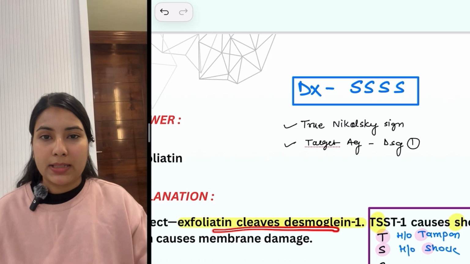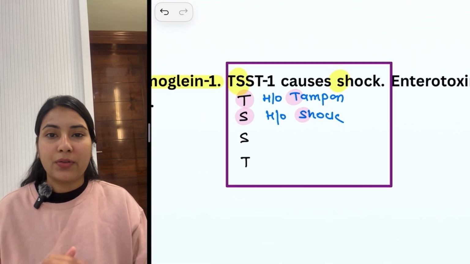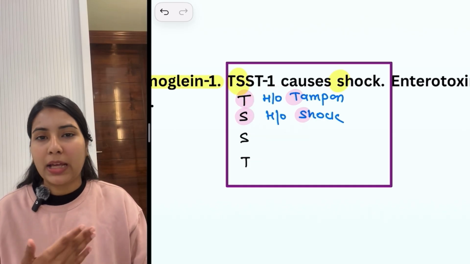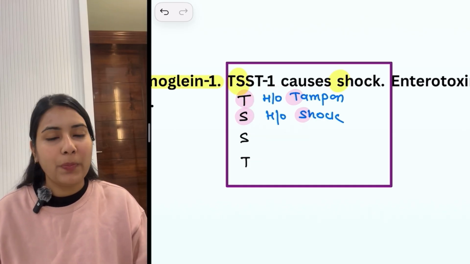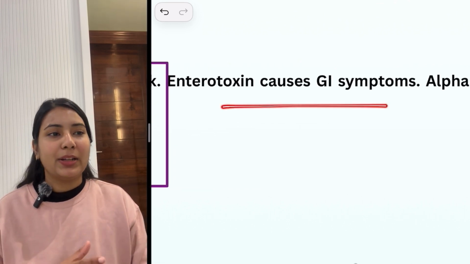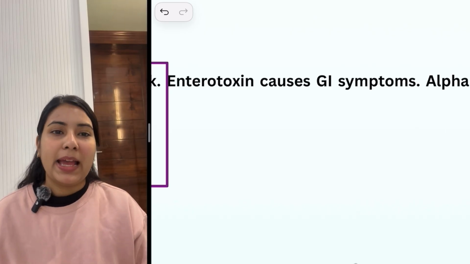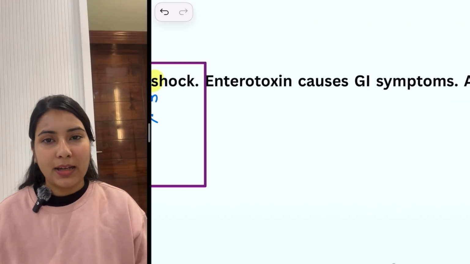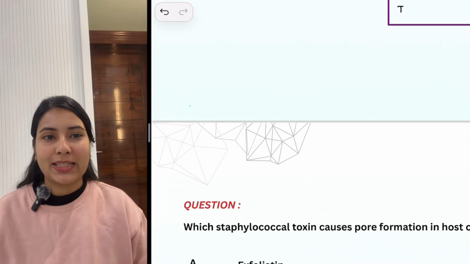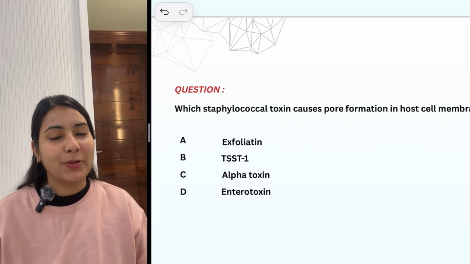Why are other options incorrect? In TSST1, you have a history of tampon, T for tampon, and S for shock also. You don't have such a thing in the question. So the answer here is exfoliatin. Enterotoxin will obviously cause GI symptoms, and alpha toxin causes membrane damage. With this we will move on to the next question, that is which staphylococcal toxin causes pore formation in the host cell membrane.